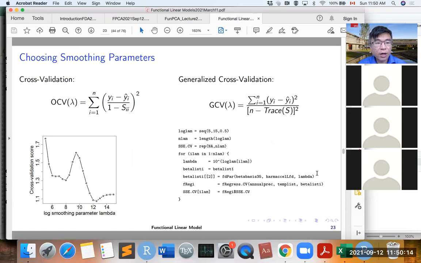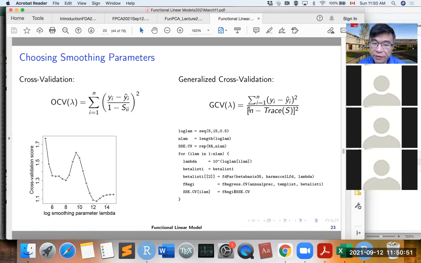So then we can choose the smoothing parameter lambda by minimizing the cross validation. Okay, so this is the definition of the ordinary cross validation. And so you can see here S_ii is the diagonal element of the smoothing matrix S. And also we can use another criterion called generalized cross validation, or GCV.